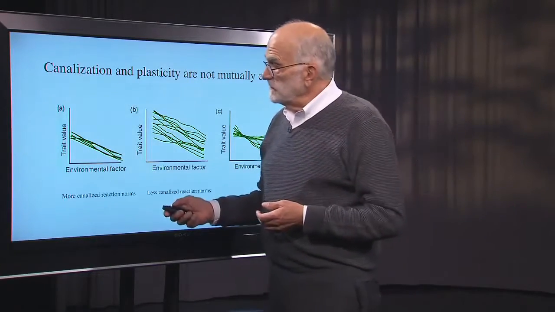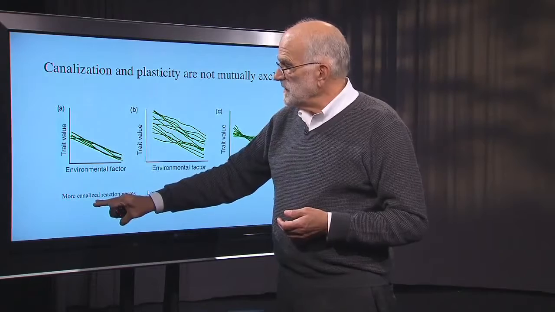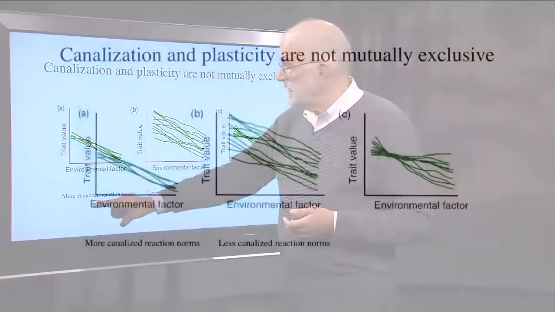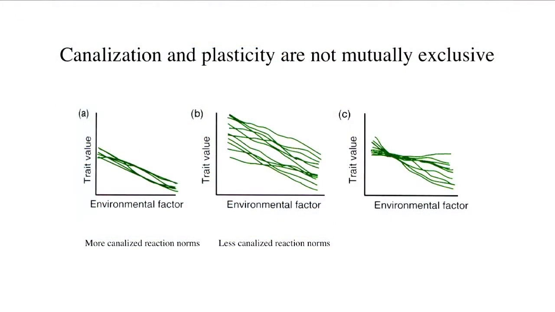Here we have, on the left, a more canalized set of reaction norms, and in the middle we have less canalized reaction norms. In both cases, we have plastic traits that are responding to the environment, but these traits are all doing so in a very narrow band of possible responses, and these are scattered much more widely.